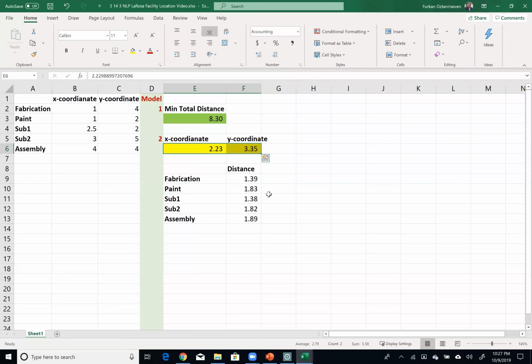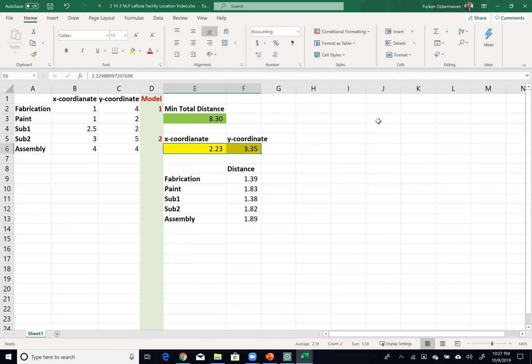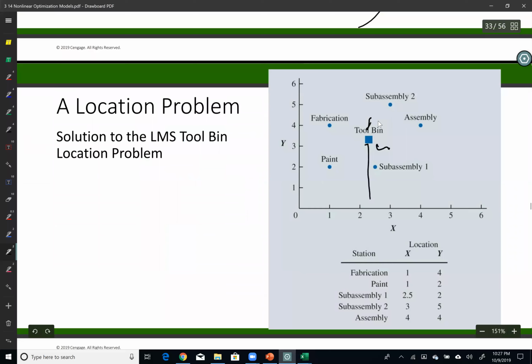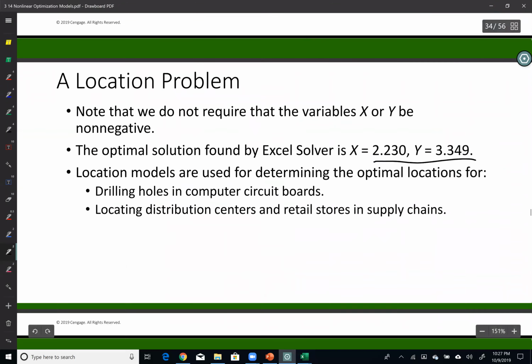That is the best location. So that will give me the best solution.